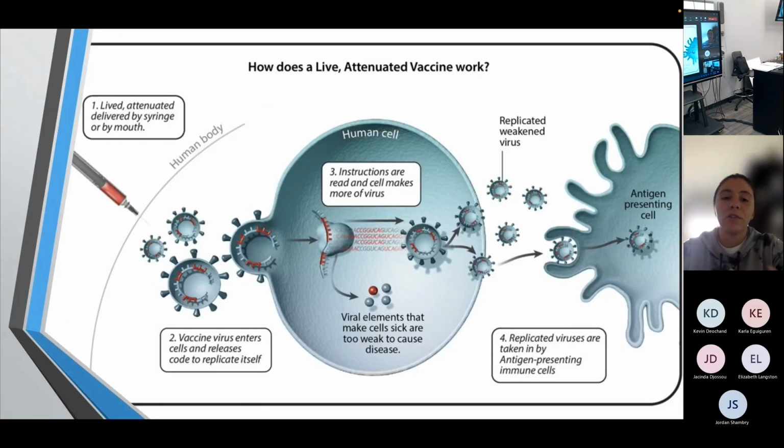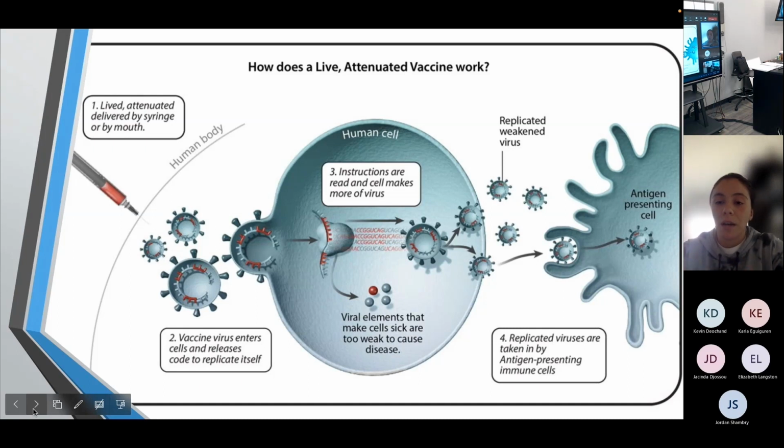And then for those who are visual learners, as myself, this is just a breakdown of what we just discussed. So again, the live attenuated vaccine is injected. This could be orally or intradermally into the human body. These vaccine viruses enter the cells and release the codes to replicate themselves.